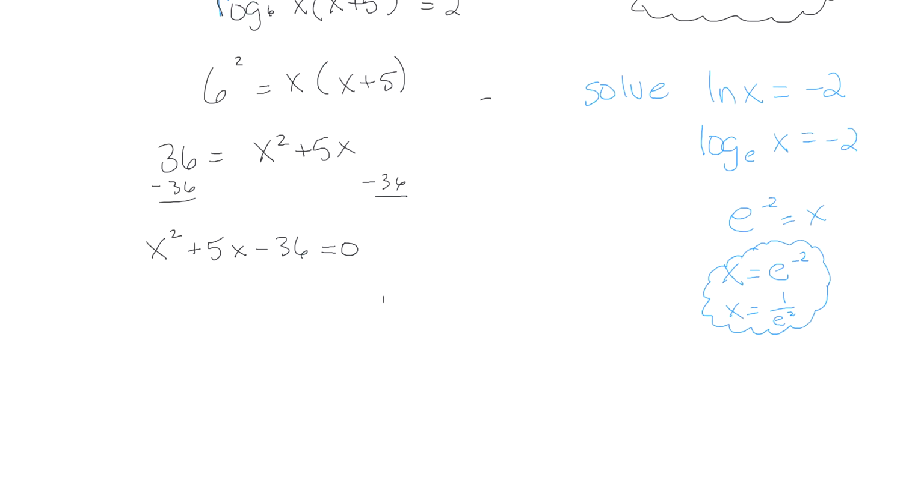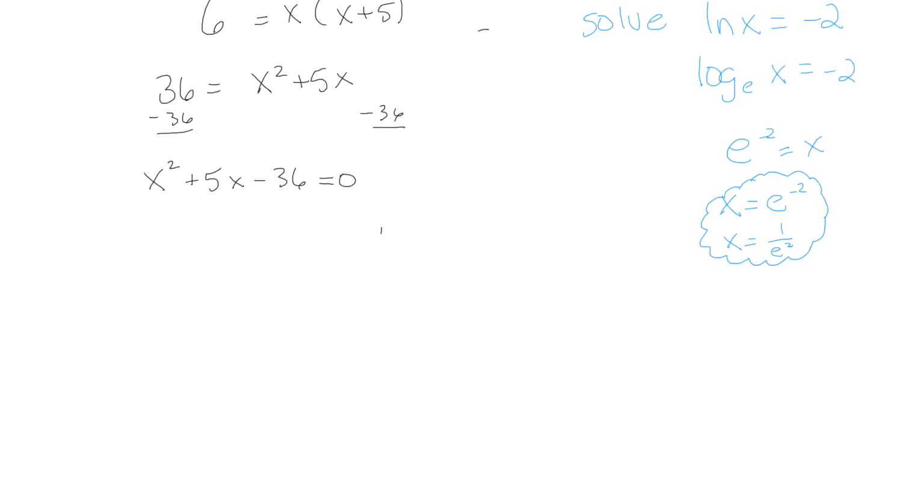Back to factoring. I'm looking for two numbers that multiply to give me 36, but have a difference of 5. For 36, I have 12 times 3, 2 times 18, 6 times 6, 4 times 9, 36 times 1.